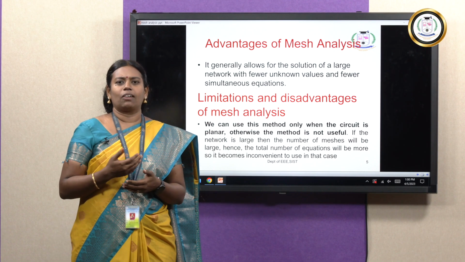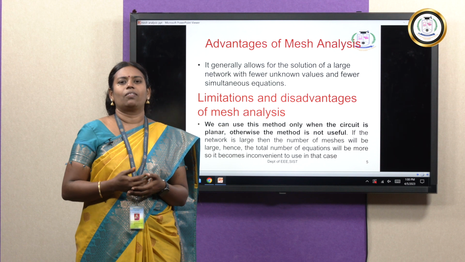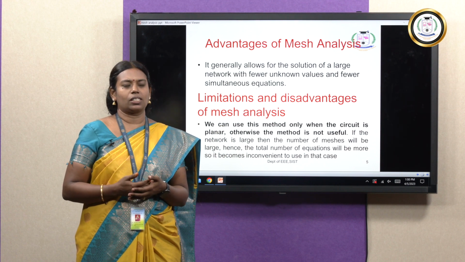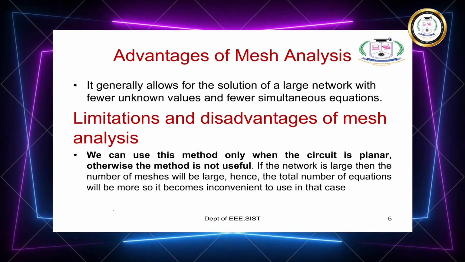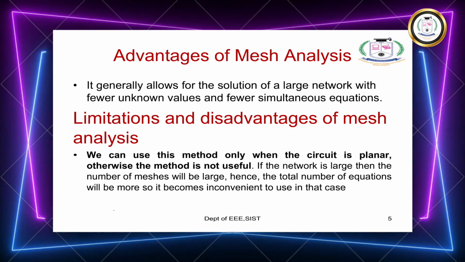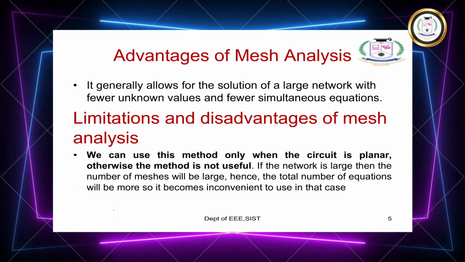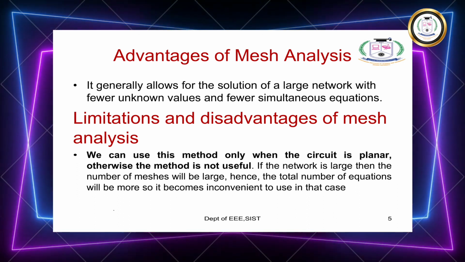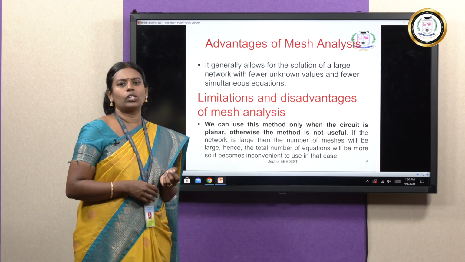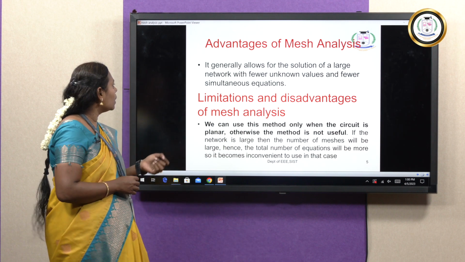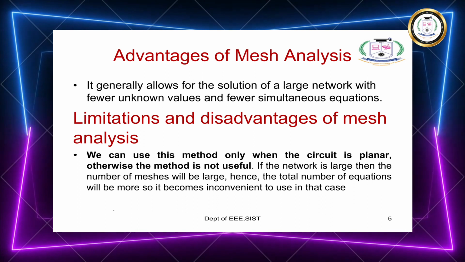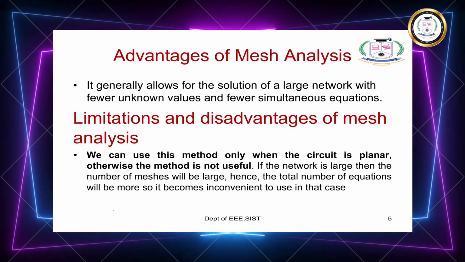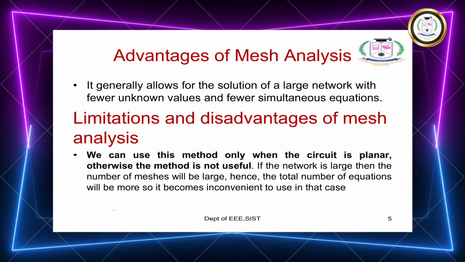Now we are going to see the advantages of mesh analysis, then the limitations and disadvantages. Advantages of mesh analysis: it generally allows the solution of a large network with fewer unknown values and fewer simultaneous equations. This is an advantage of using mesh analysis. Limitations and disadvantages of mesh analysis are: we can use this method only when the circuit is planar, otherwise the method is not useful.